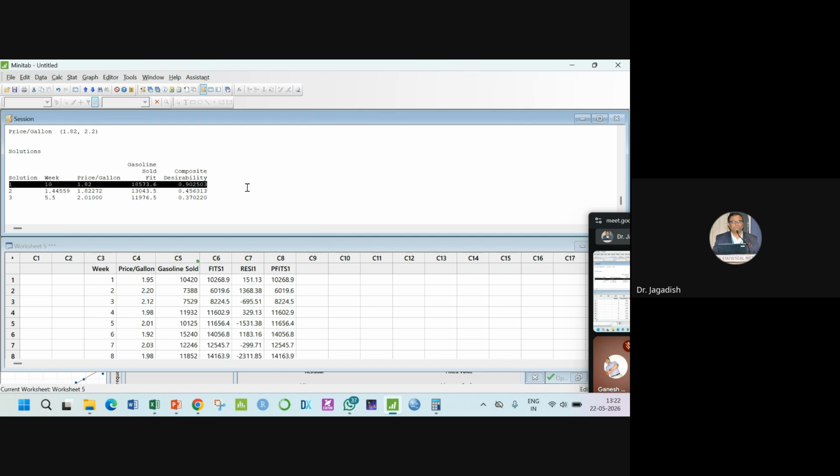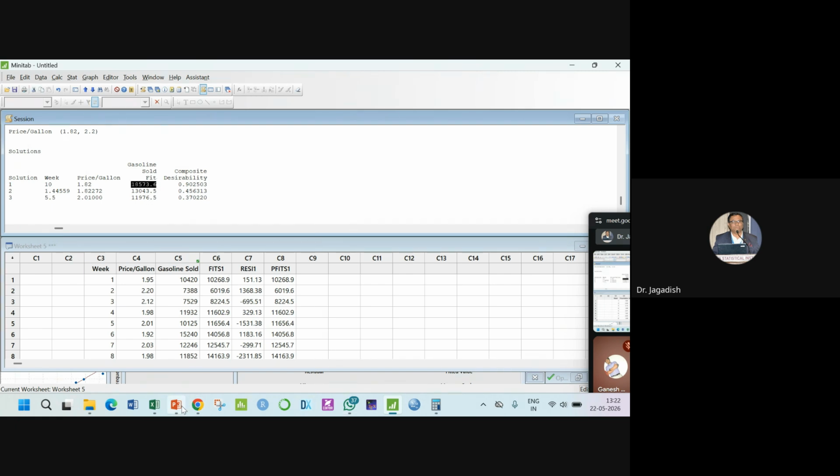Optimum means that if you continuously keep 1.82 for the next three weeks, you will find the optimal number of liters you can sell from your unit. But the maximum is different and the minimum is different. Here the maximum is 18,573 liters per week.